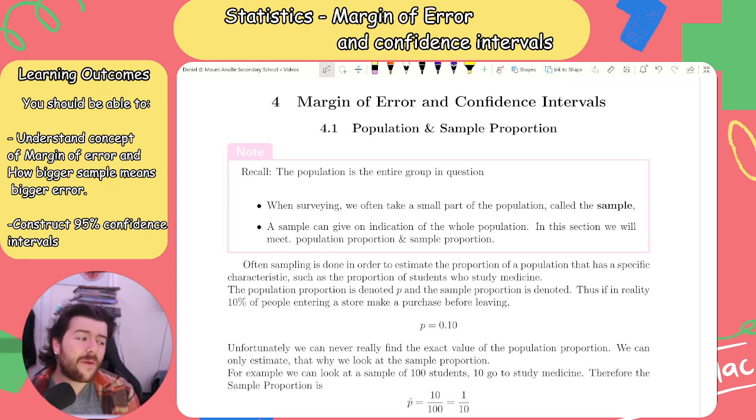But that is where margin of error and confidence intervals come in, because I will be able to make a region or a range of values in which I'm 95% sure that the true population mean lies within.